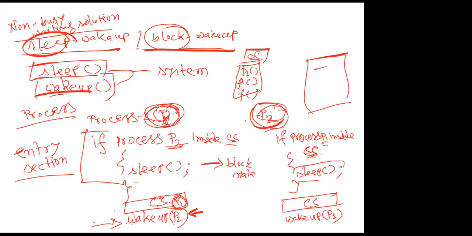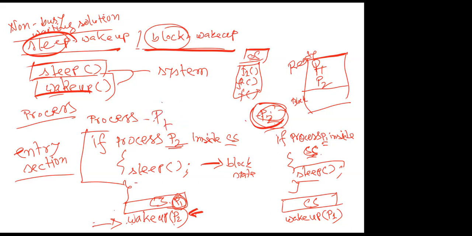Here are two processes, P1 and P2, inside this RAM. Now we are considering these two processes. Let's say this is the active or ready state process, and this is the block state process. Now let's take process P1. You schedule process P1.